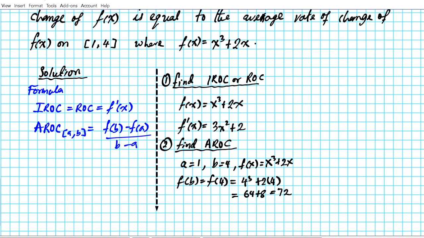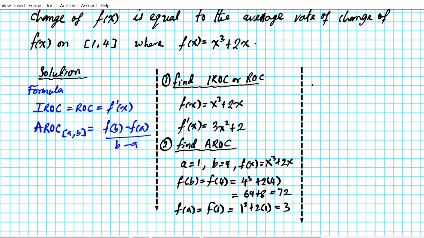All right, that's f of b, or y2. Then f of a, or y1, is f of 1. So you plug in 1 into the function, you have 1 to the third plus 2 times 1, and that equals 3.